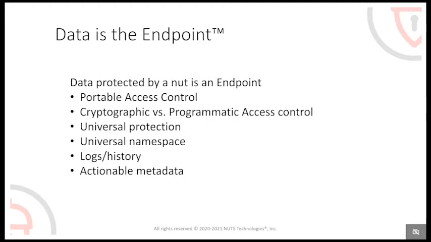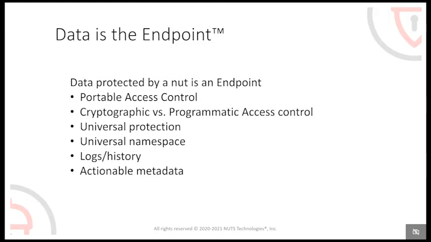Now, the nice thing about the metadata here is that it's actionable because, first of all, it's trustworthy, and it's basically immutable. It's immutable because we can tell if it doesn't authenticate, you don't want to act on it. You may say, what's the big deal about actionable metadata?